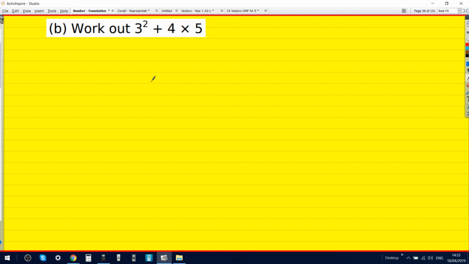Okay. So 3 times 3 is 9. 9 plus 4 is 13, times 5, which is. Bidmas. Oh yeah, you've got to do the addition first. No, multiplication first, and then addition.